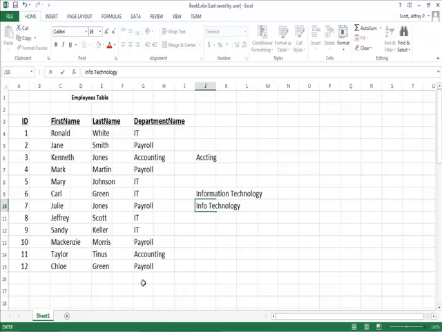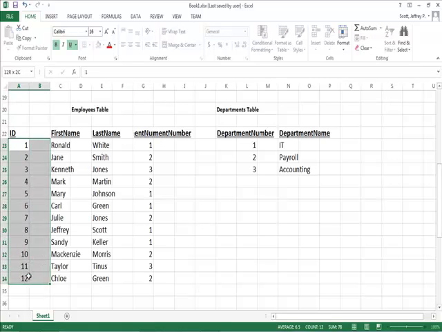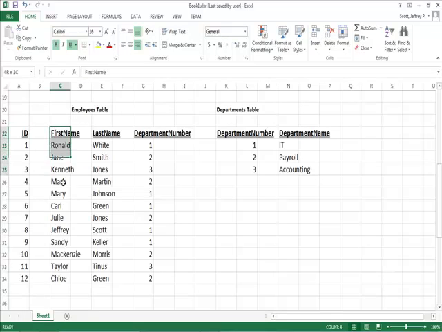So how did we fix this? We went through and we changed it, so instead of having one table, an employees table, we now have two tables. One of those tables still had the employee ID, just like we had before, the employee's first name, the employee last name.